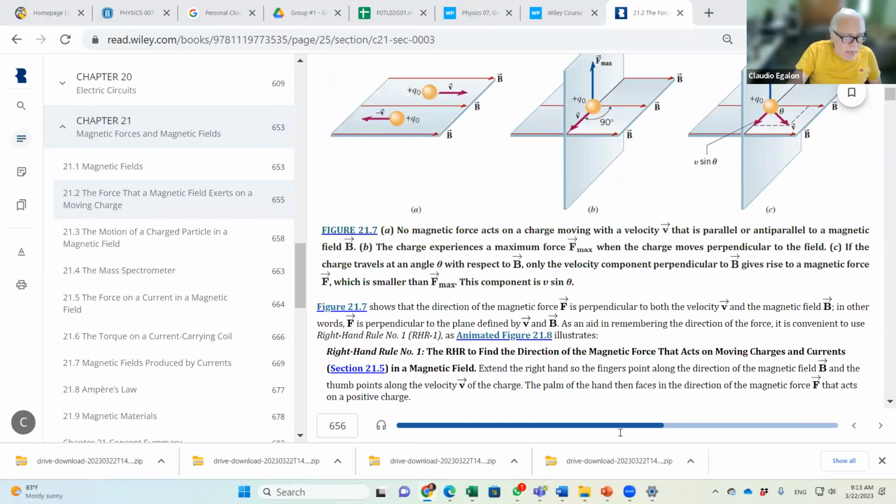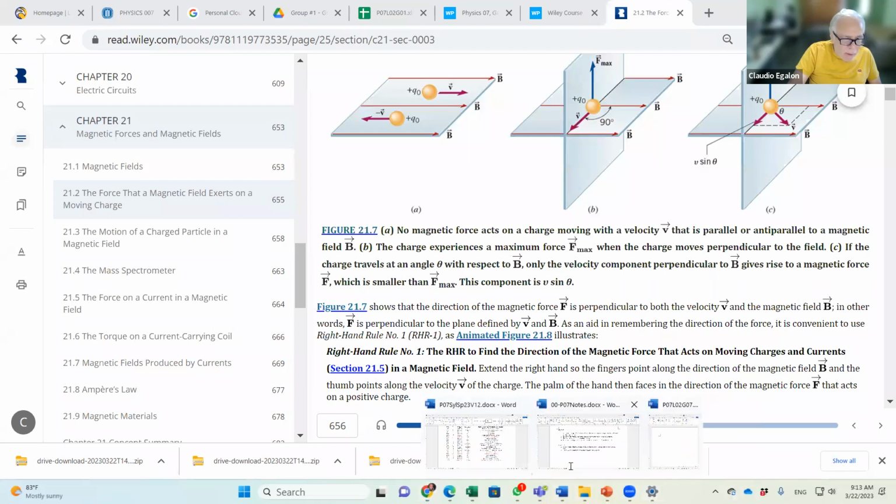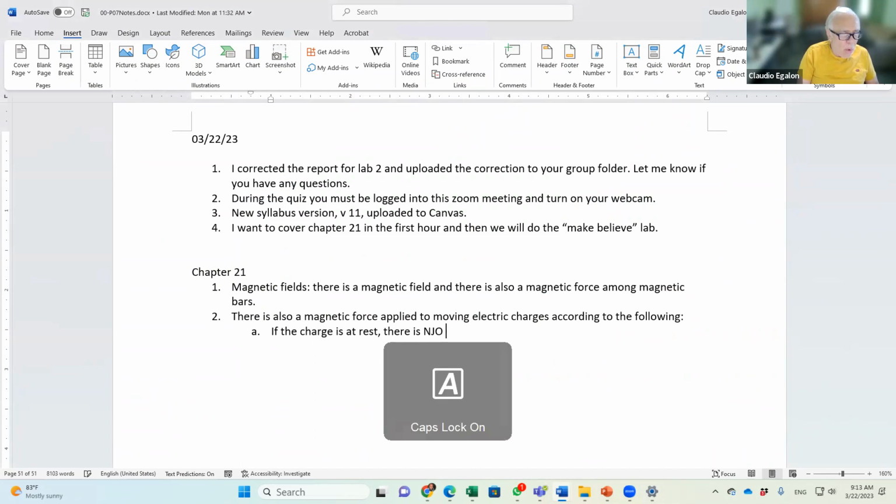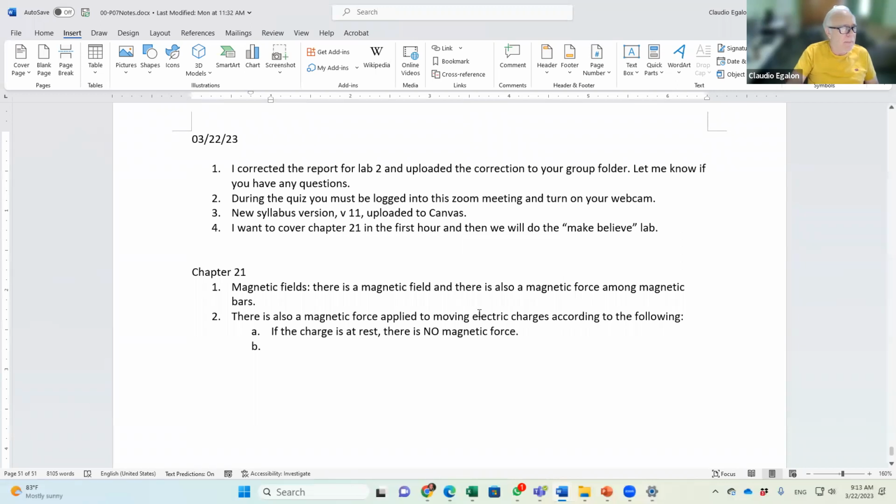And in a mathematical, vectorial way, there's also a magnetic force applied to the moving electric charge, according to the following. Here you go. If the charge is at rest, there is no magnetic force.